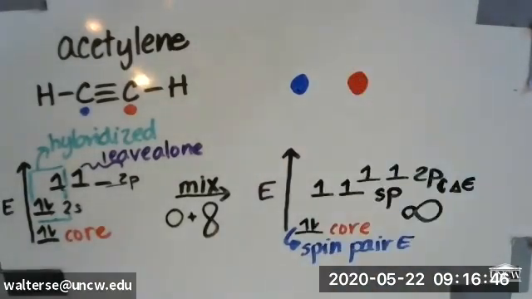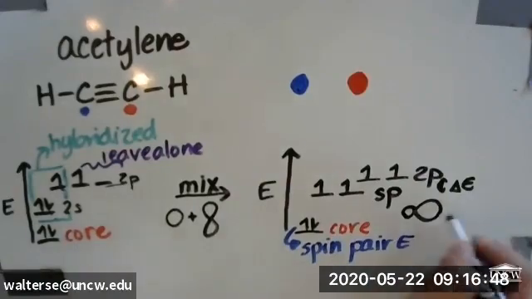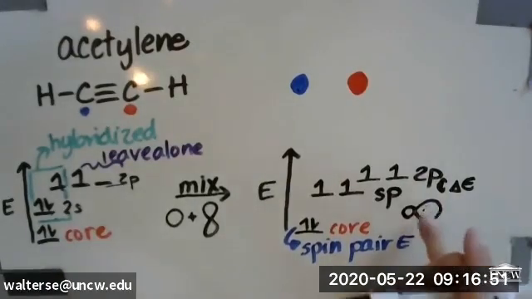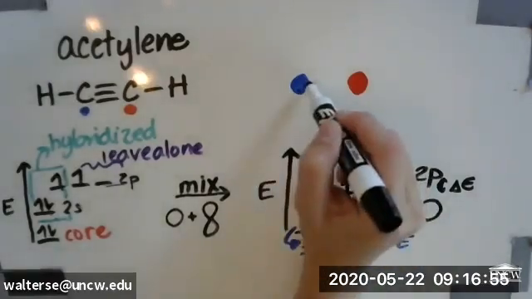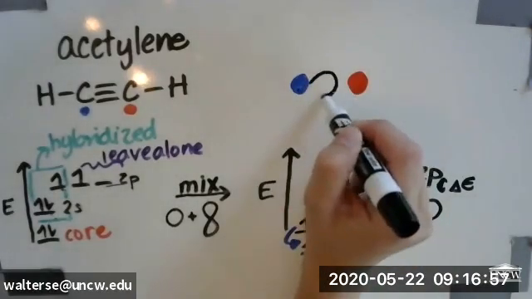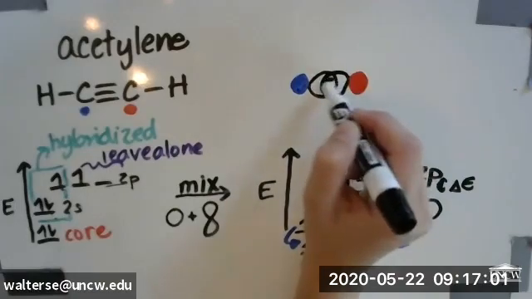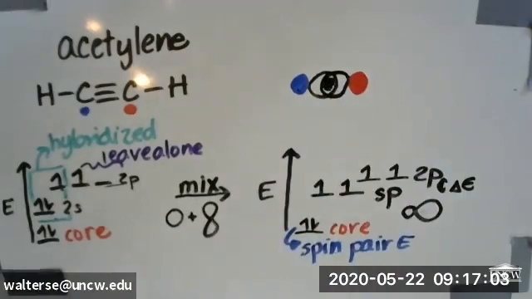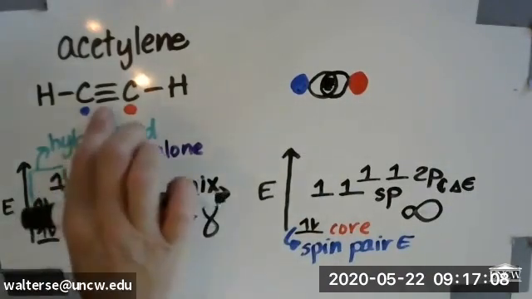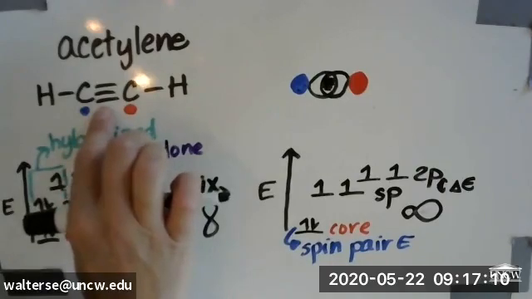Okay. So the lobe that's important is that big fat one. Okay. So the blue carbon has a fat lobe going in this direction. The red has a fat orbital going in this direction. And there is your head-on overlap, and that's the sigma bond component of this triple bond.